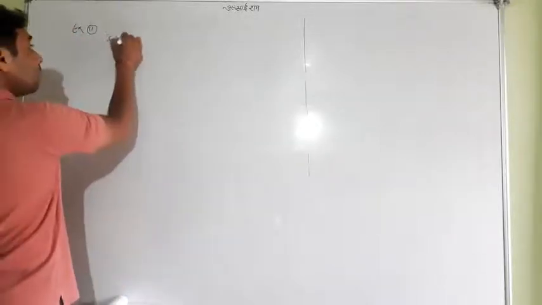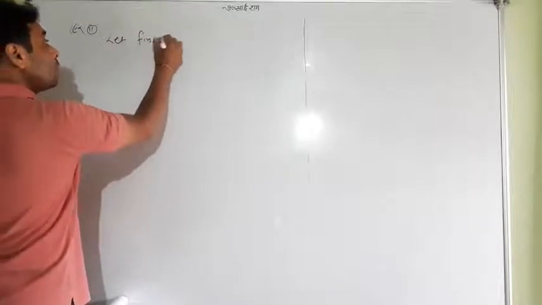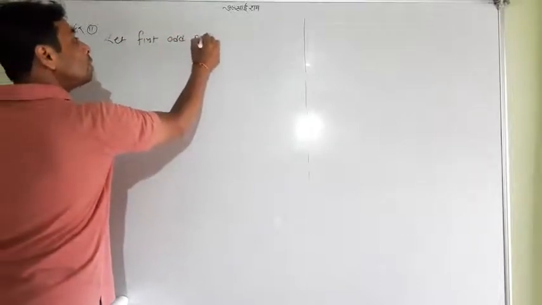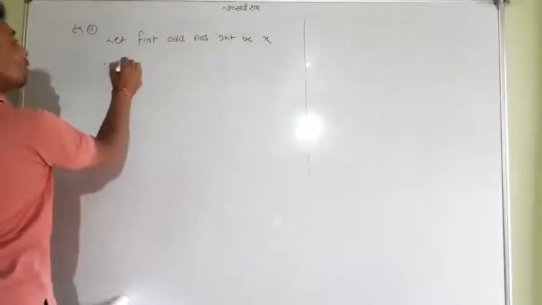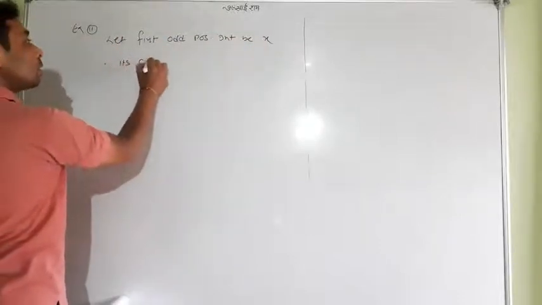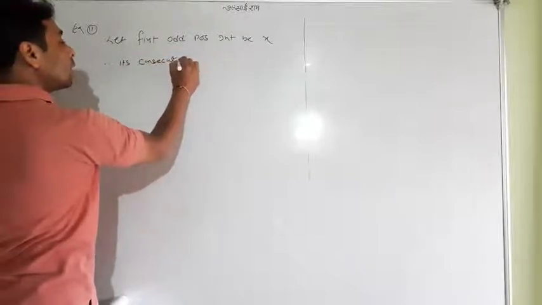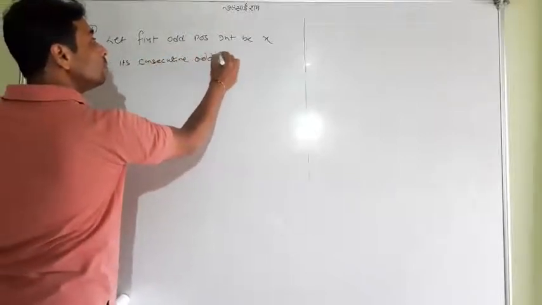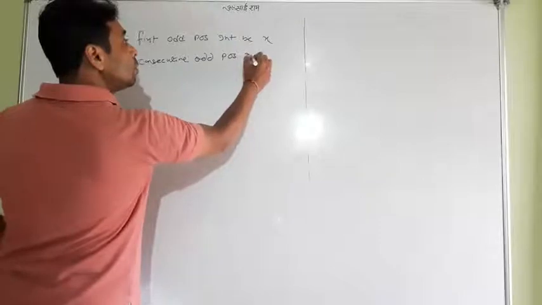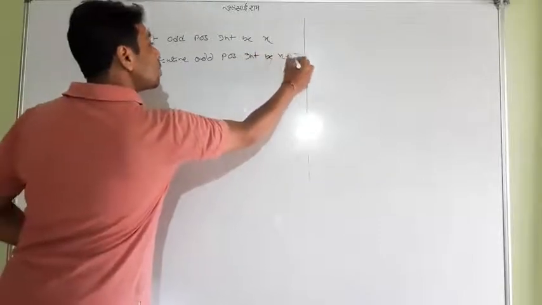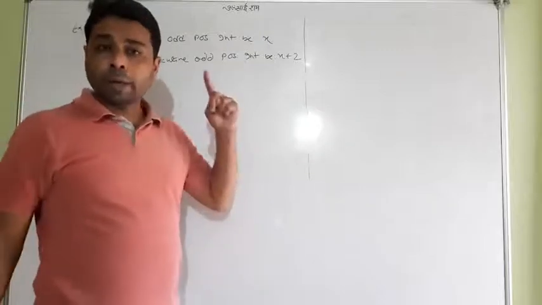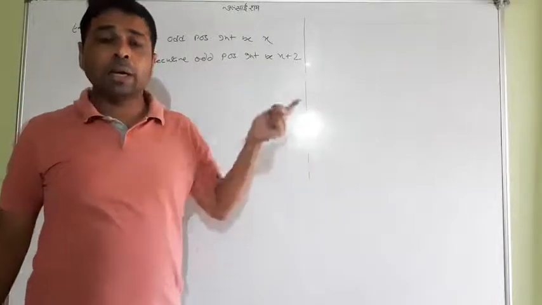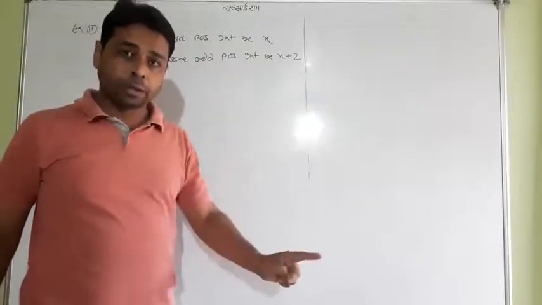So in this question, we are told to find two consecutive odd positive integers. Write: let the first odd positive integer be x. Its consecutive odd positive integer will be x plus 2. So always add 2, in both cases, whether odd or even.